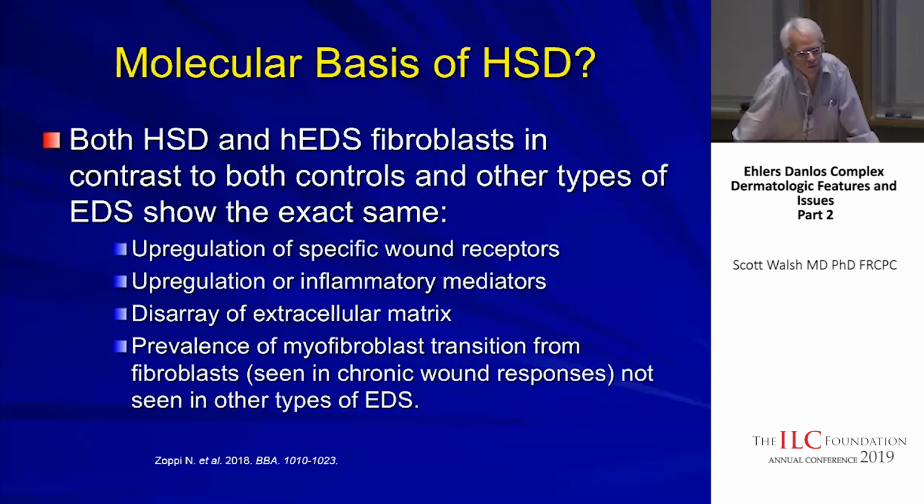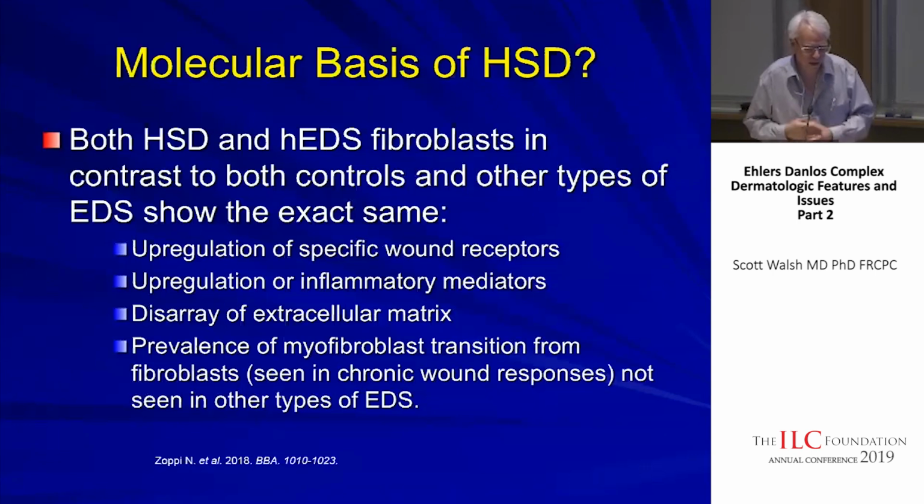When you look at the matrix within skin from hypermobile spectrum disorder and hypermobile EDS, there are different proteins expressed on the cells. The fibroblasts are the cells in our body that make the collagen, at least in the skin.